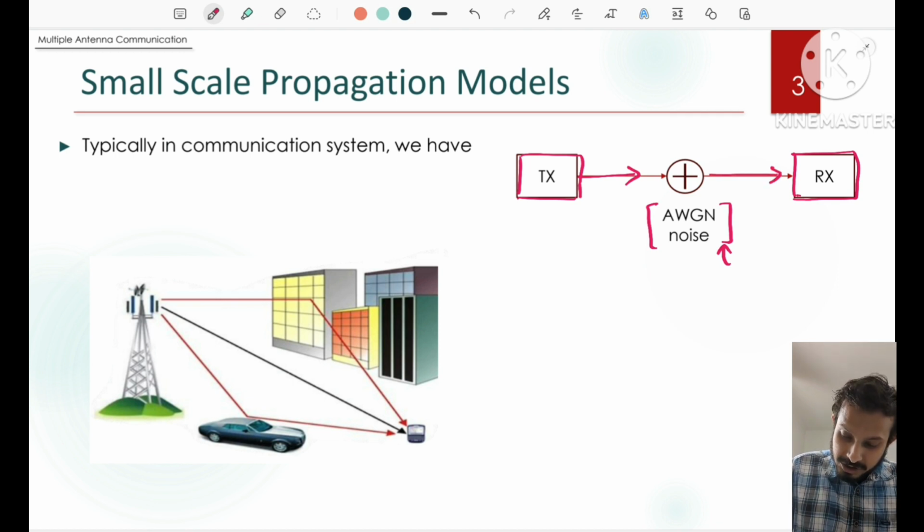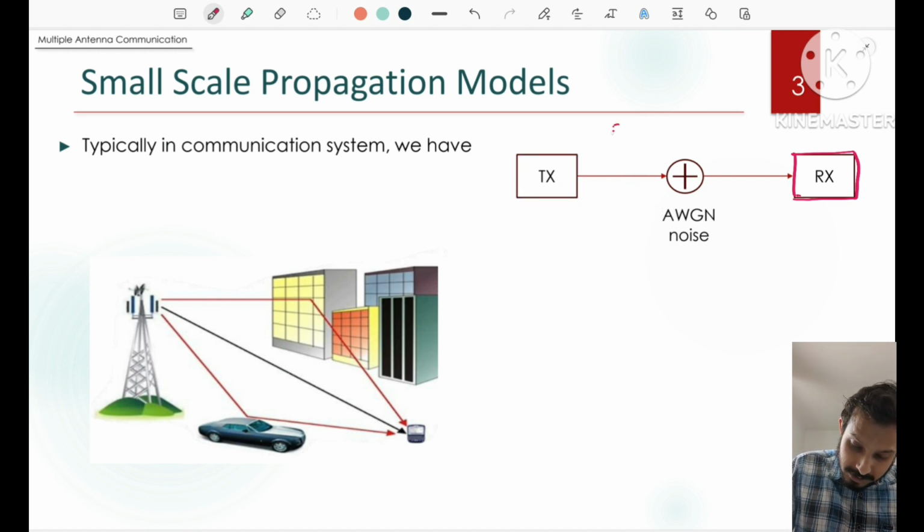So we just have an addition of AWGN noise to the transmitted signal. But now we are interested in the channel. This implies what happens to the signal in between the transmitter and the receiver.